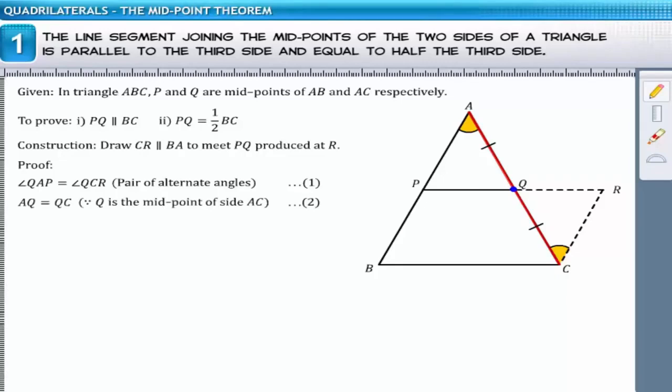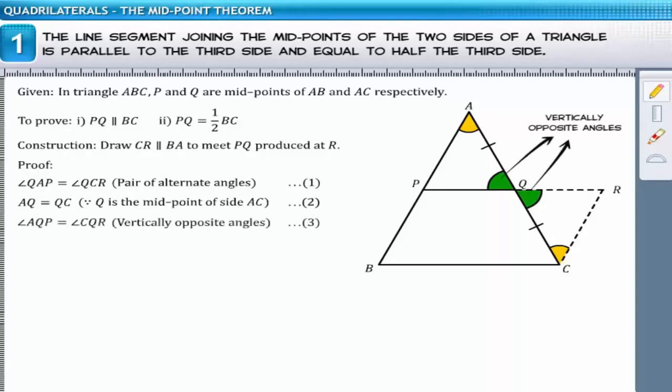Also, angle AQP is equal to angle CQR, since they form a pair of vertically opposite angles. Thus, two angles and the included side of triangle APQ are equal to the two angles and the included side of triangle CRQ. Thus, by the ASA congruence rule, triangle APQ is congruent to triangle CRQ.